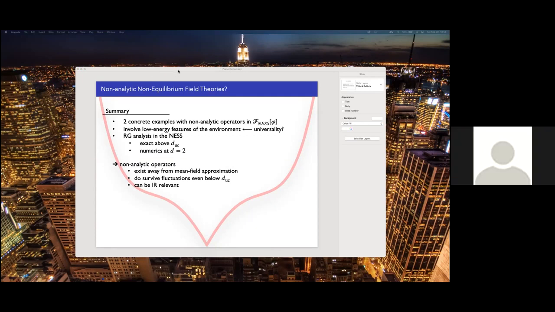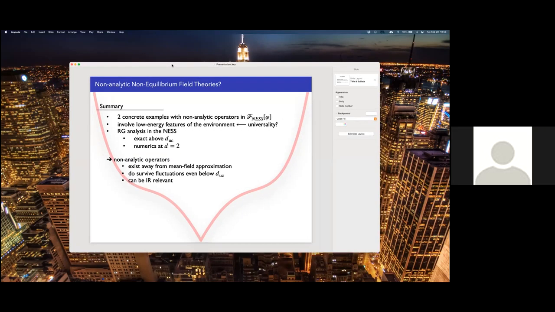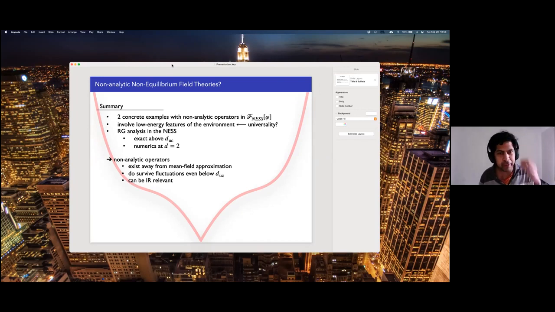Sure. Thank you for your nice talk. I have a basic question. Even within equilibrium physics, if one is coupled to a heat bath of some kind, one sometimes works with non-analytic terms, because if you integrate out the heat bath fully, including the low energy modes of the heat bath, you get non-analytic terms.